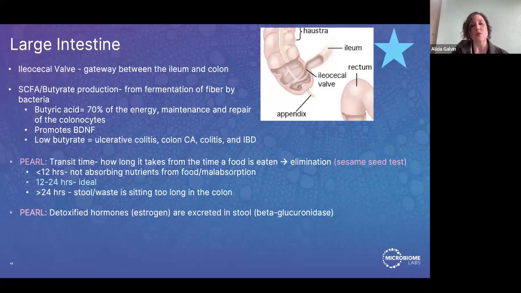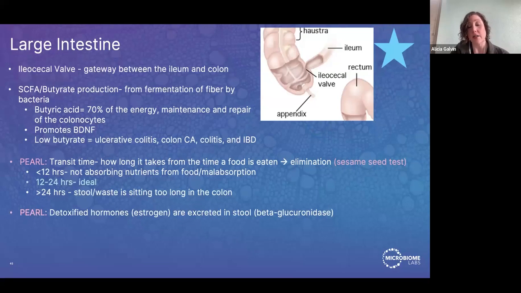If somebody has eaten sesame seeds on Saturday midday and they don't see it coming out until Monday afternoon, even if they've had a bowel movement, and I've had people where this has happened, they still have slow transit time because it's sitting in the bowels over 24 hours. And that waste can be sitting too long in the colon.